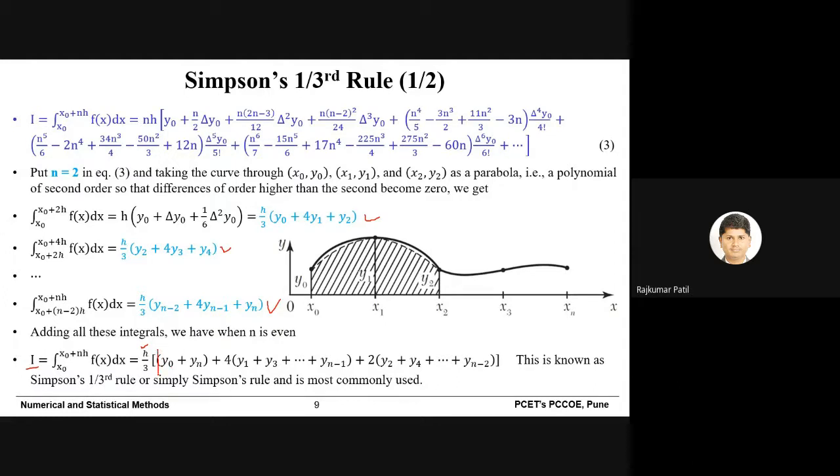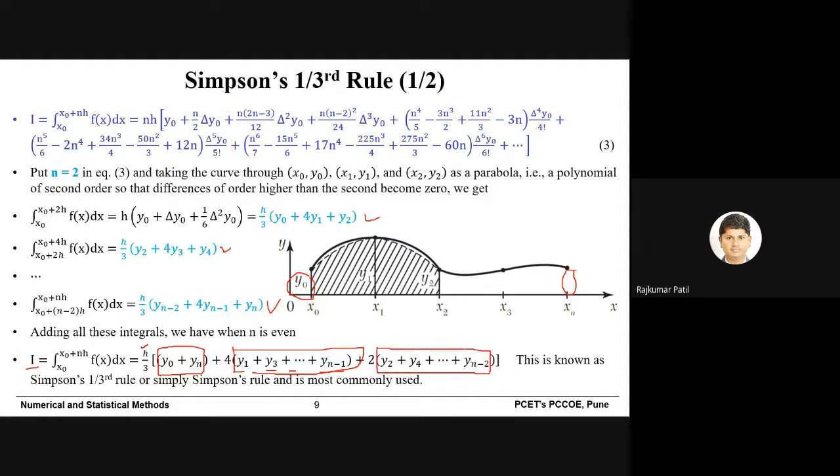In the first you add y0 and yn, that is the first value of the function and the last value of the function, plus 4 into y1 plus y3 plus y5 up to yn minus 1, that is 4 into the values of y which are odd, plus 2 into the remaining values.